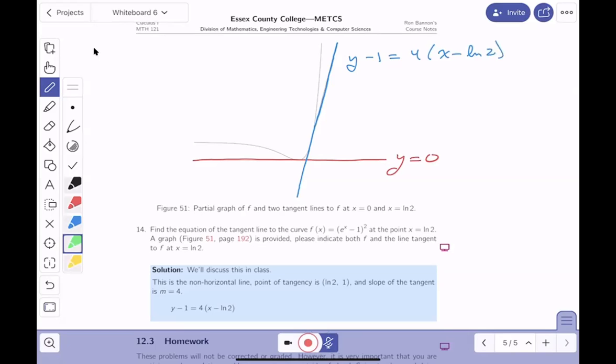I'm going to put down the points of tangency. This point over here is 0, 0. And this point of tangency over here, it's kind of hard to ballpark these things, but looking at the picture, it's going to be natural log of 2, comma 1. The curve, maybe I'll put that in now, I'll do that in yellow. The curve is this one over here. Okay, so I really screwed it up. That's why I redrew it.